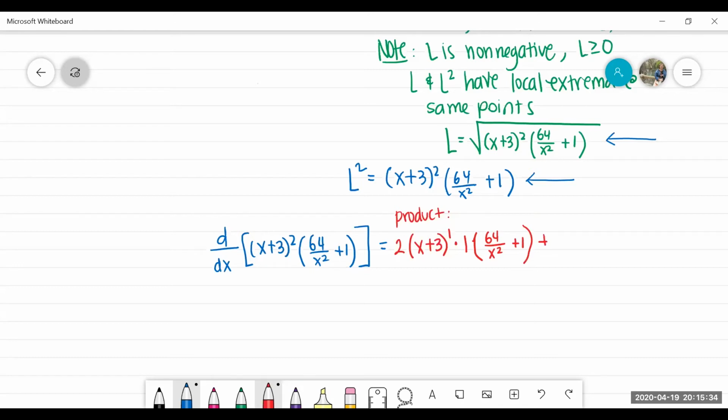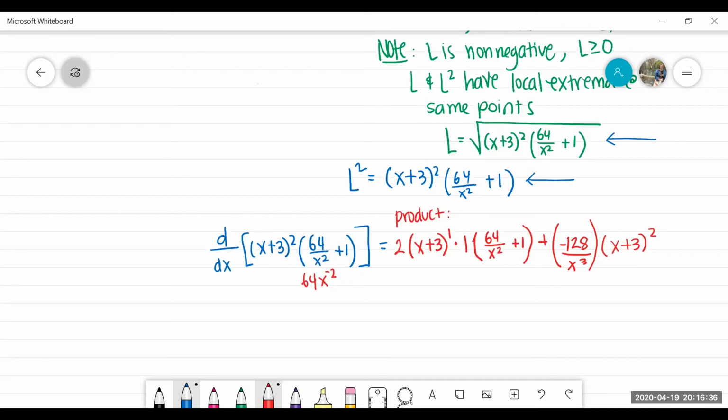plus the other function, so that's 64x to the negative 2, so plus negative 128 over x cubed, and then we don't have anything with that 1 there, times our other function, which is (x + 3) squared.